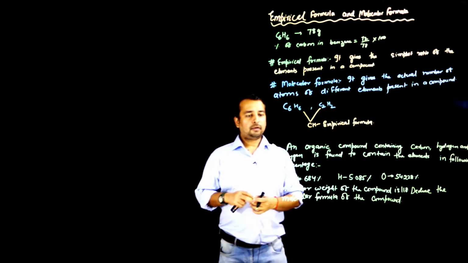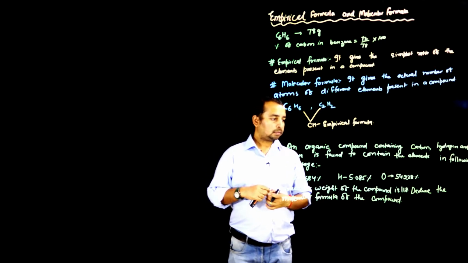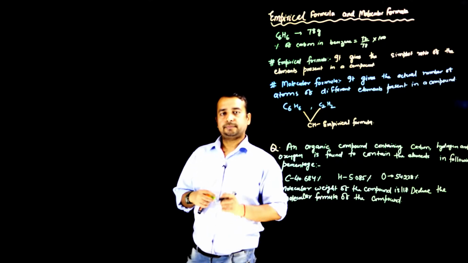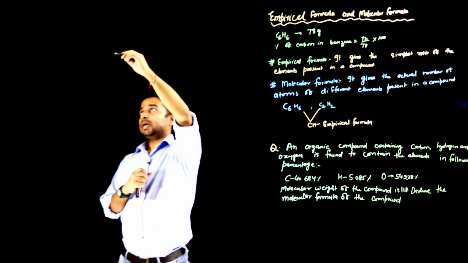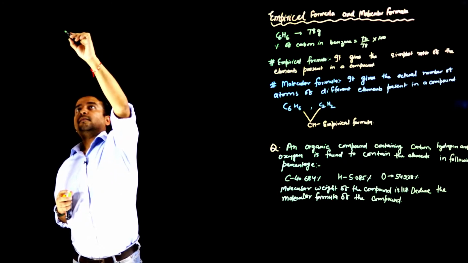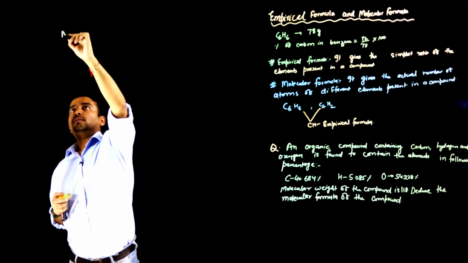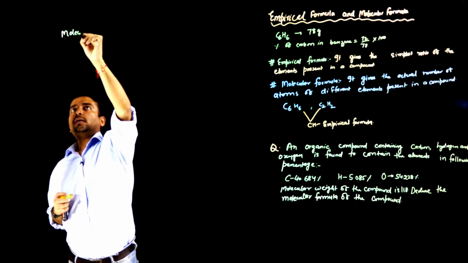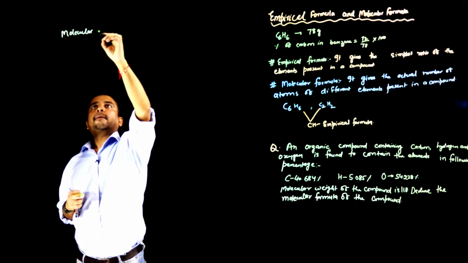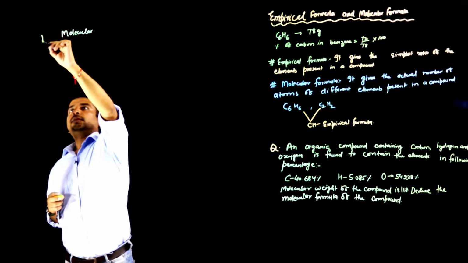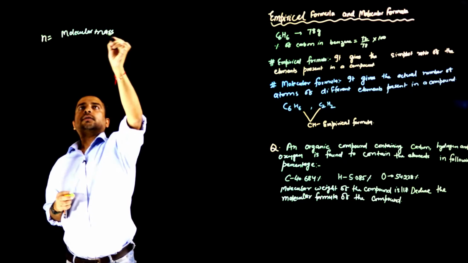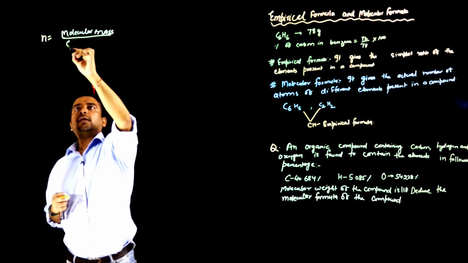So first of all we'll see what is the relation between molecular mass and empirical mass. Molecular mass and empirical mass are related as N is equal to molecular mass upon empirical mass.